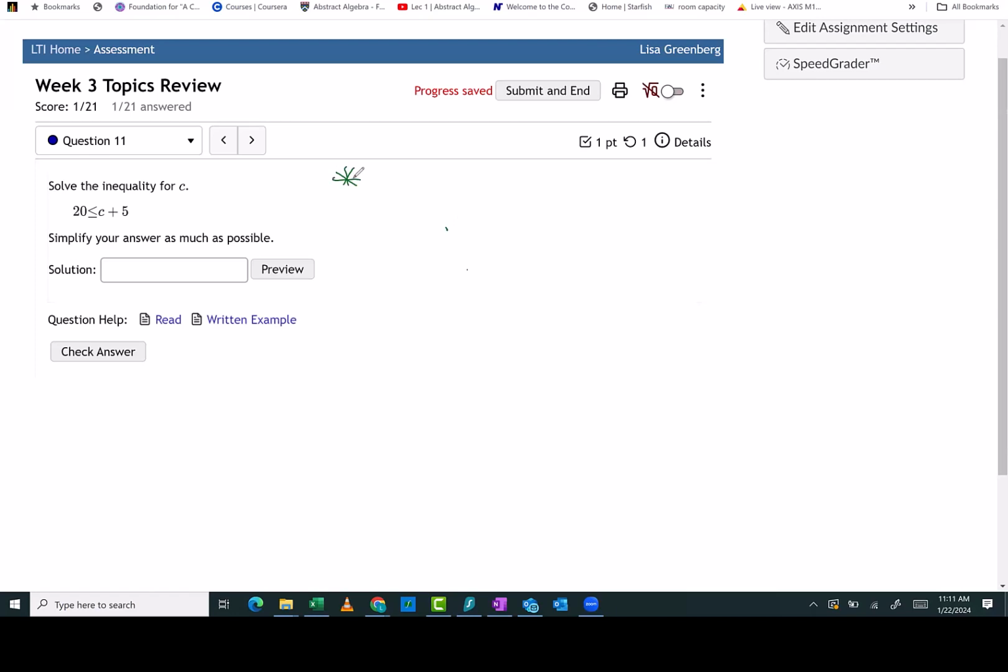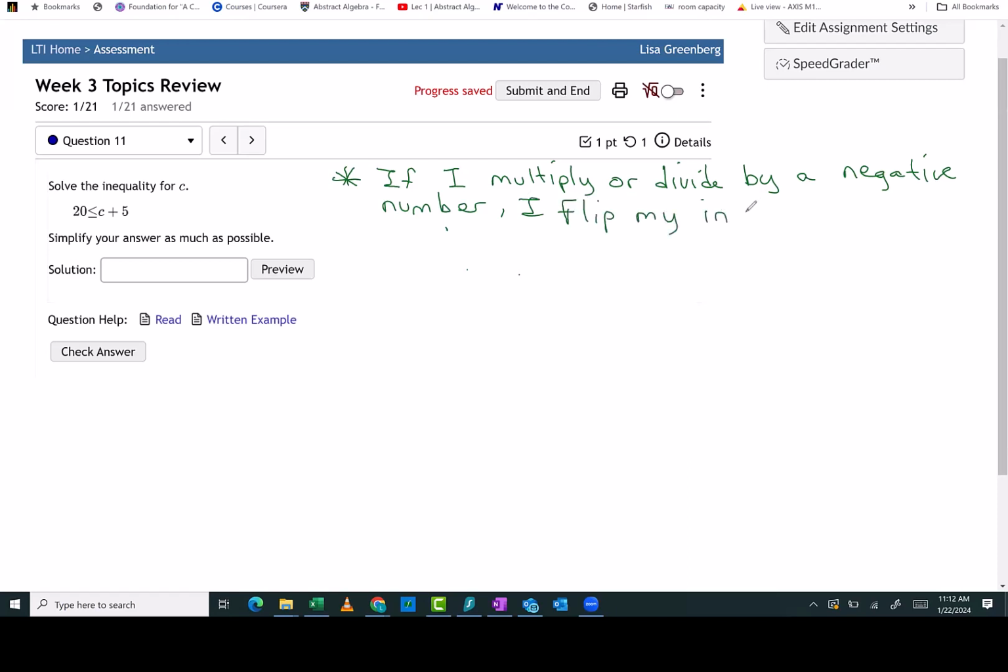There's only one rule, and it's very important. If I multiply or divide by a negative number, I flip my inequality sign.